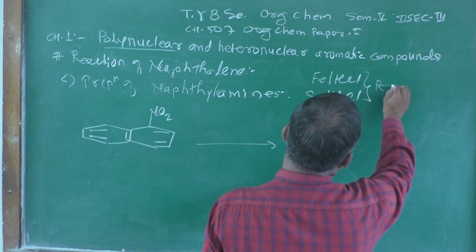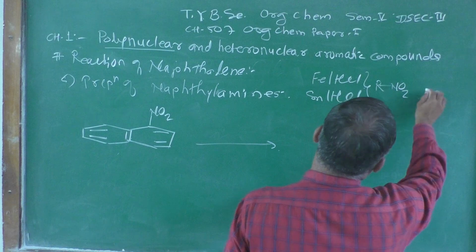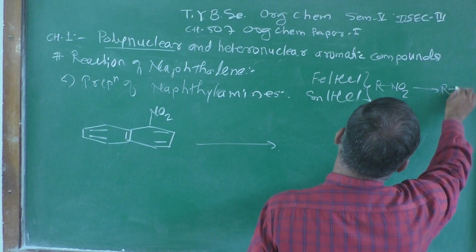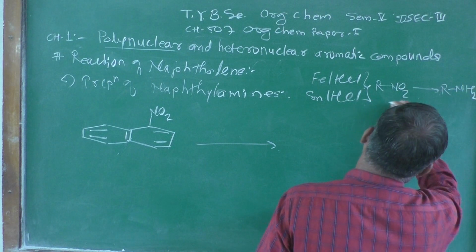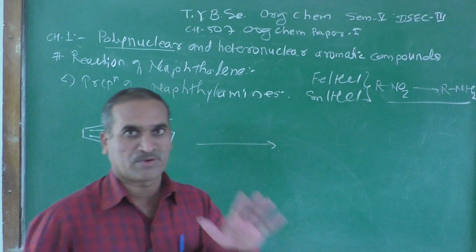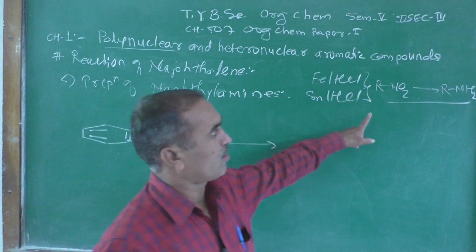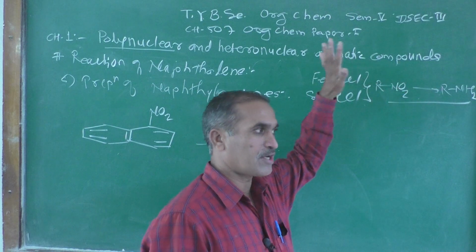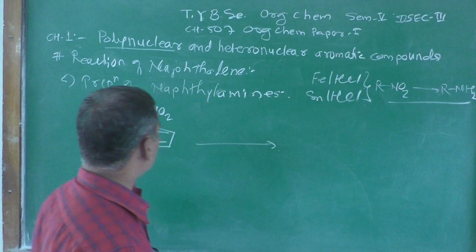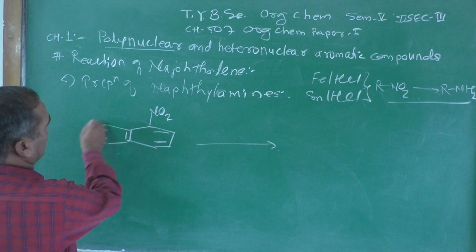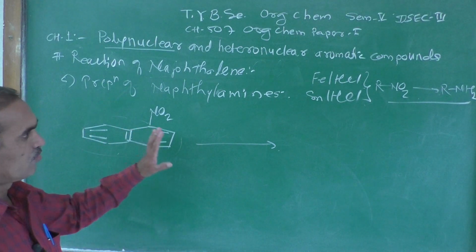They will reduce the nitro group NO2 into RNH2. This is one of the best methods for the preparation of amines starting from the nitro compound. Here you can consider this as R.